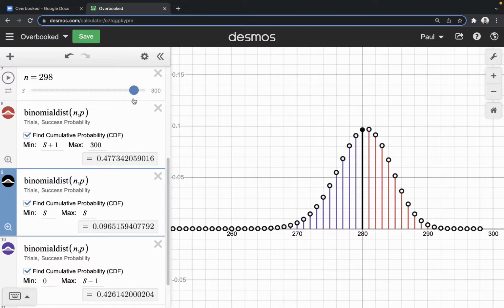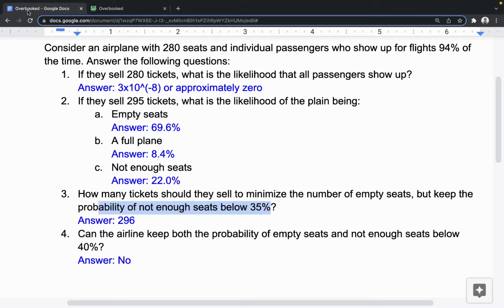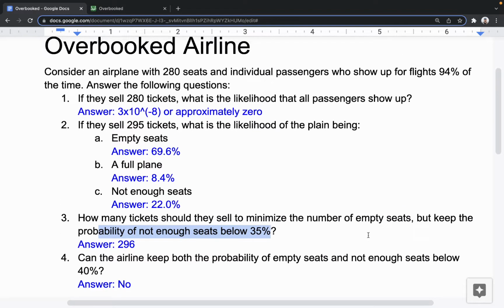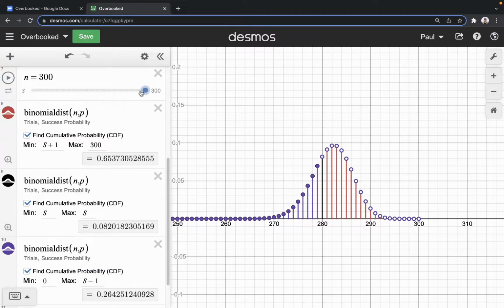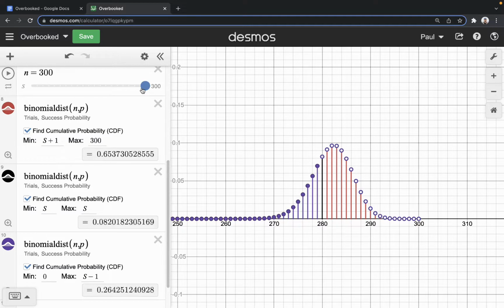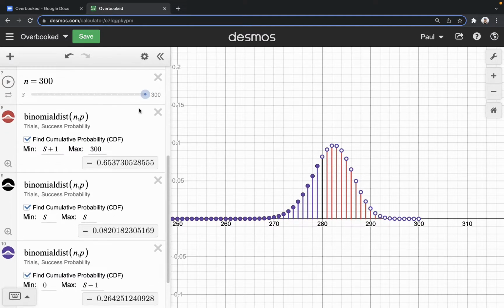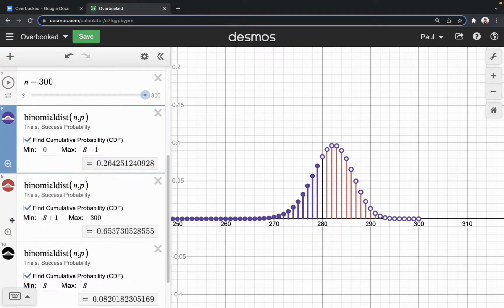So keeping purple as small as possible is keeping the number of empty seats as low as possible. So if we focus on that only, we would want a high number of N. So the more we overbook the plane, the fewer empty seats there are. And right here I'm overbooking it by 20 passengers to get that purple region. Let me change this order.